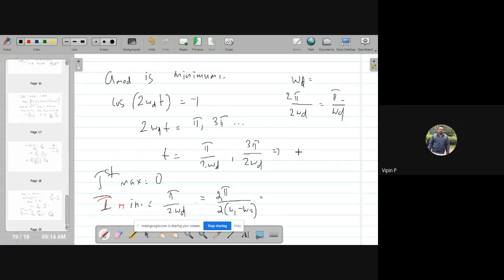Okay, I think I made a mistake somewhere. Are you able to identify the mistake anywhere? 2 omega t.